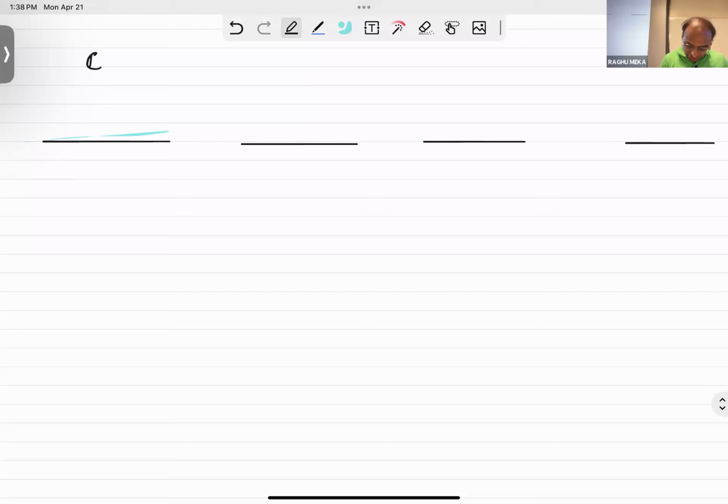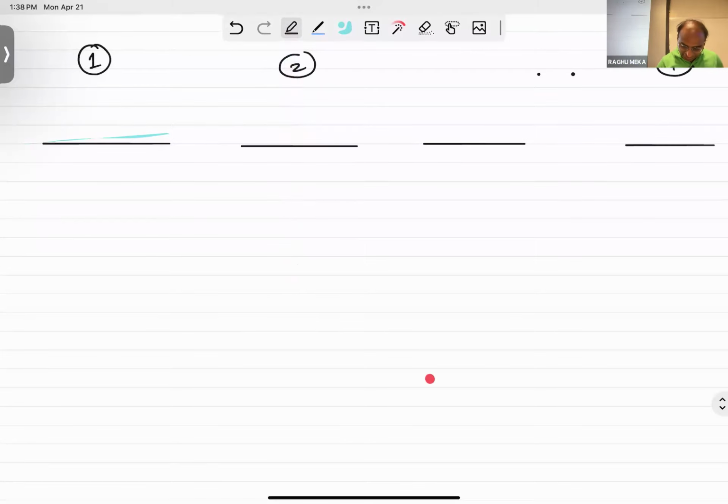So this is choice 1, 2, and so on. Let's say we just have 4. Initially I don't know anything. Let's say I assume all of them have 0 rewards. It's kind of a bad guess, but maybe let's say I've seen at least one sample from each arm. Maybe this sample was here, maybe this was all the way here, and maybe this one is very close to 0.